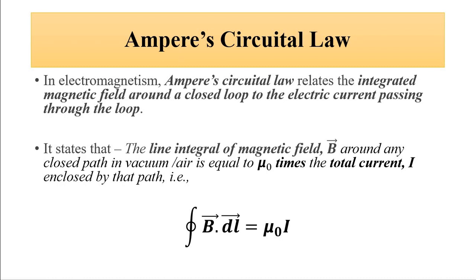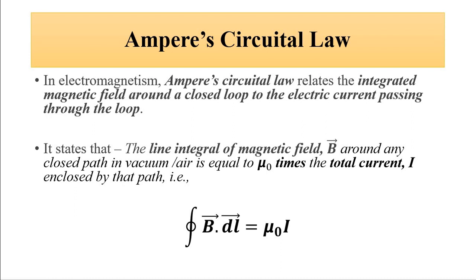The total current is represented by capital I, and mu0 is the permeability of free space, also called absolute permeability, 4 pi into 10 to the power minus 7.